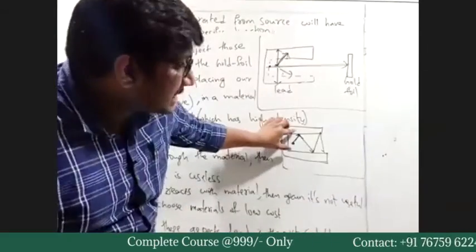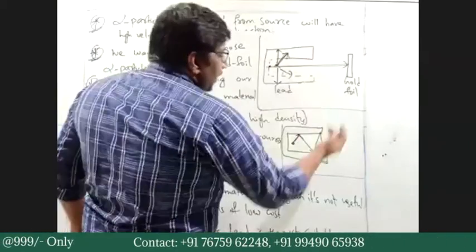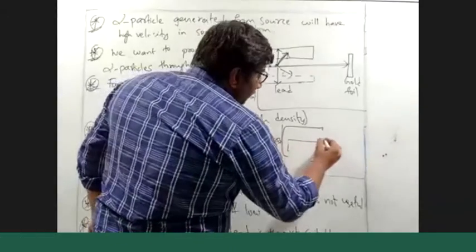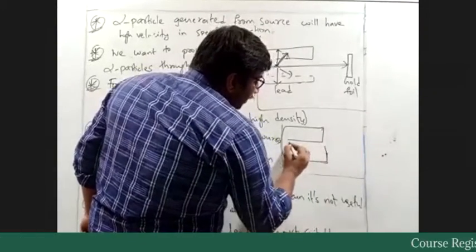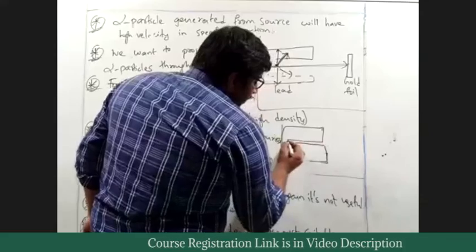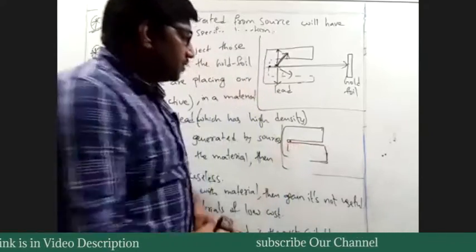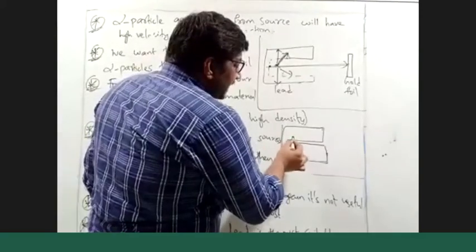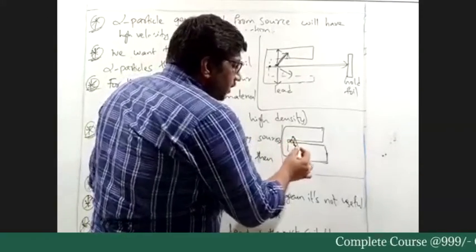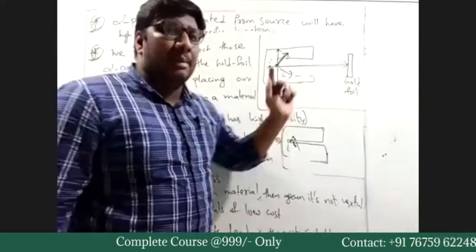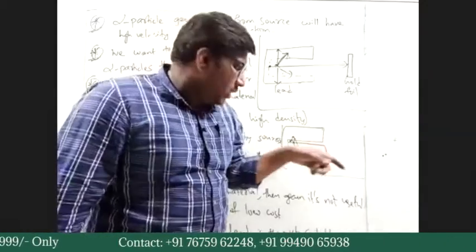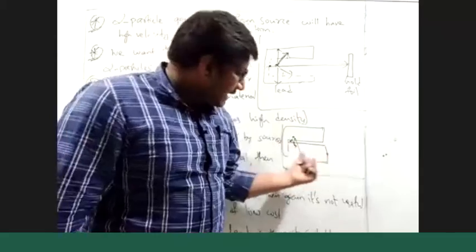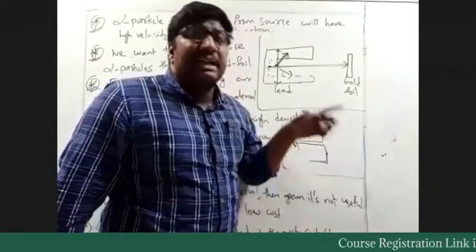If I decrease this width, I'll place the source in a tiniest hole like this. The velocity is in the upward direction. Again it hits, the velocity comes lower, upward, lower. So zigzag motion, upward, down, upward, down. Yes or no?